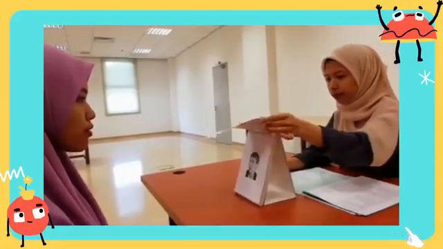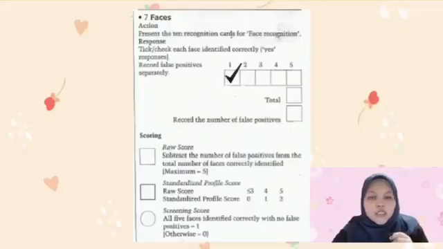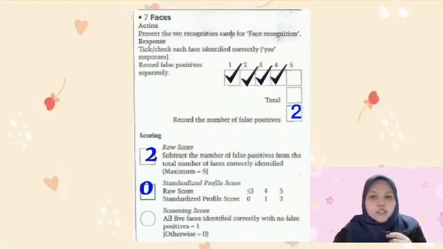This one? No. Yes. Okay. The client only able to identify 4 faces correctly with number of false positive 2. Therefore, the raw score is 2 with standardized profile score 0. Since the client unable to identify all 5 faces correctly with no false positive, the screening score is 0.